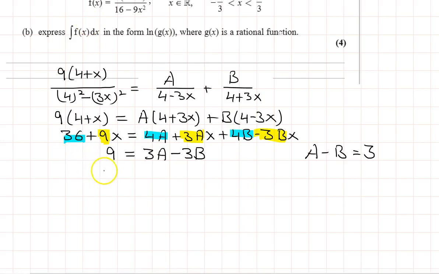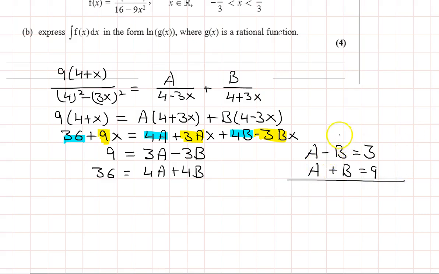So 36 is equal to 4a plus 4b. We can say that a plus b is equal to 9. Now we have these two simultaneous equations. If we add them, the b's cancel, 2a is equal to 12. a will be 6. So 6 minus b is equal to 3, so b will be 3.